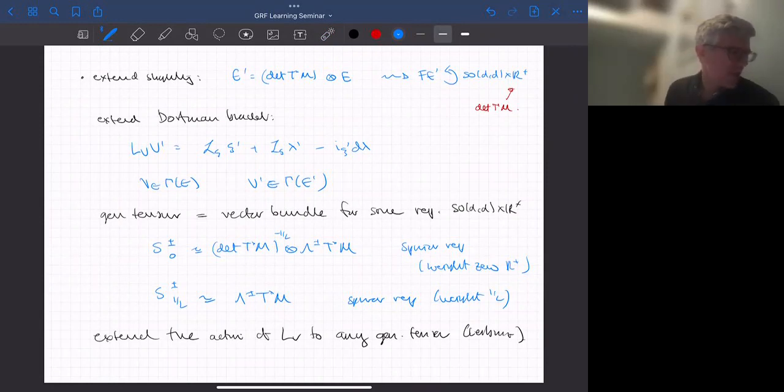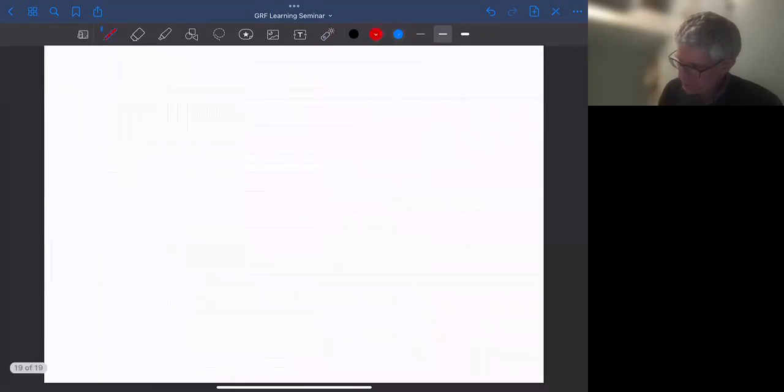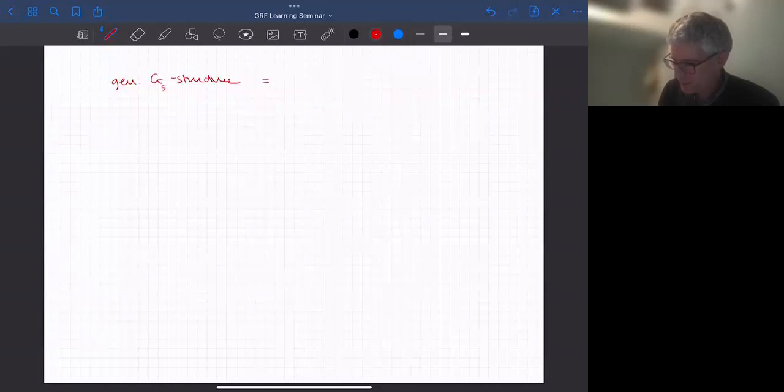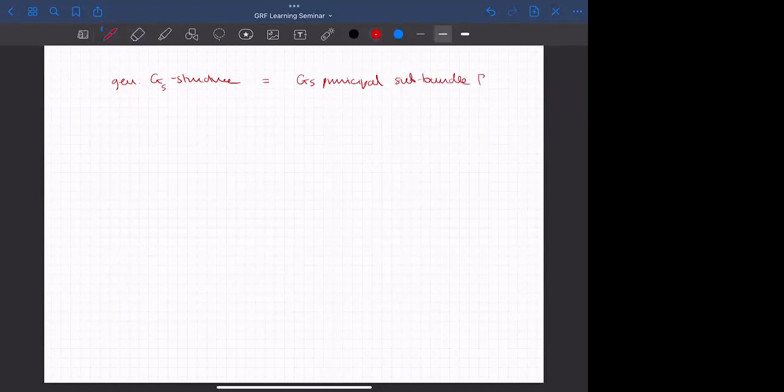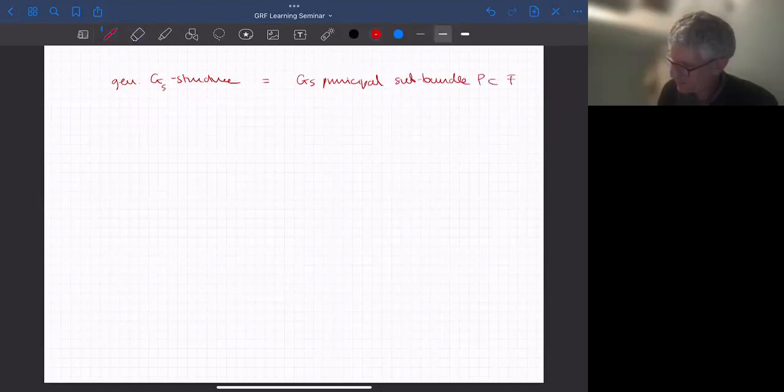Right. Then you can introduce what you might call a generalized G structure, in analogy to the way you do it in ordinary geometry. This is just some G_S principal subbundle, some P inside this extended frame bundle.